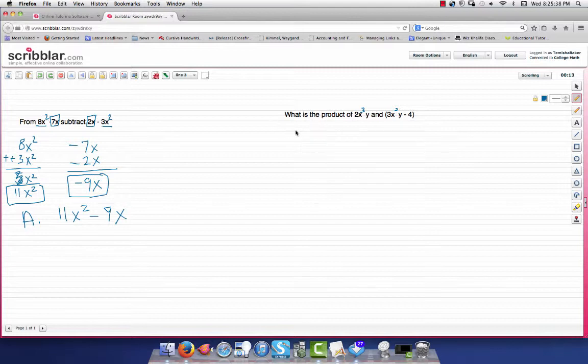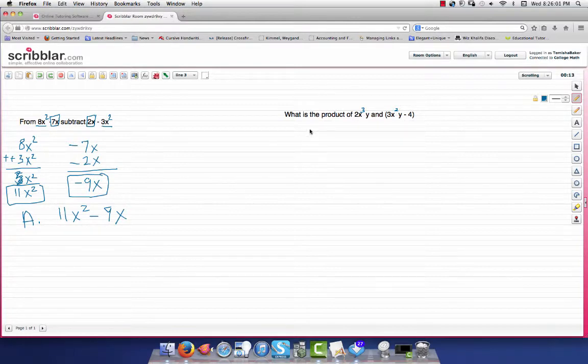Alright, so let's look at this next one over here. It says, what is the product of 2x cubed y and the quantity of 3x squared y minus 4? With multiplication, this is similar to a two-digit number times a one-digit number.